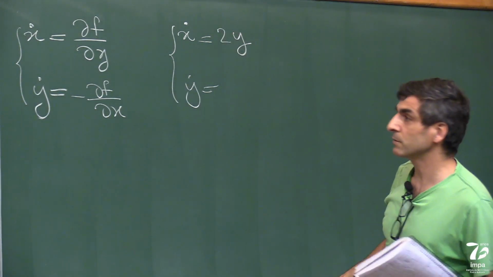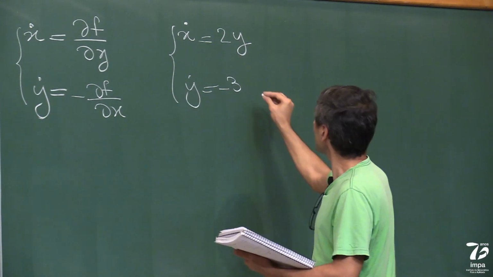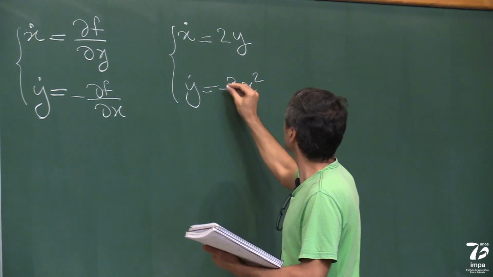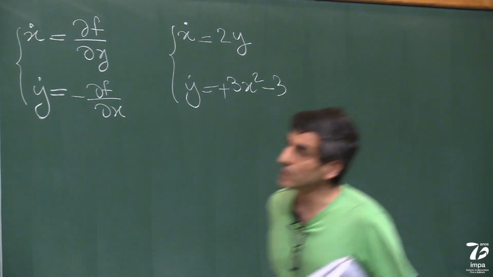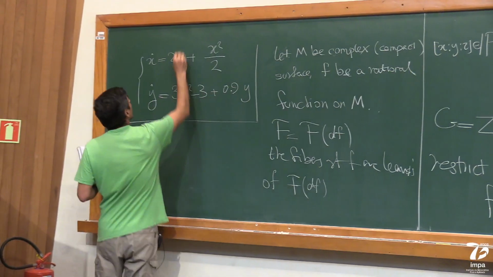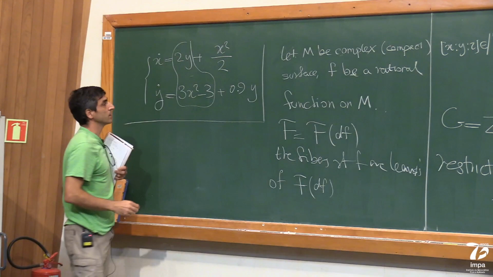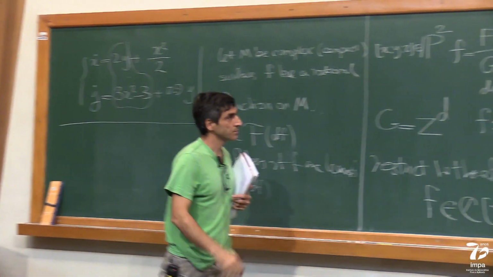And then with respect to x, minus 3x2. There is also a minus here, so there will be plus minus 3. And actually, this is this piece of this differential equation. So I will try then to explain the other pieces.